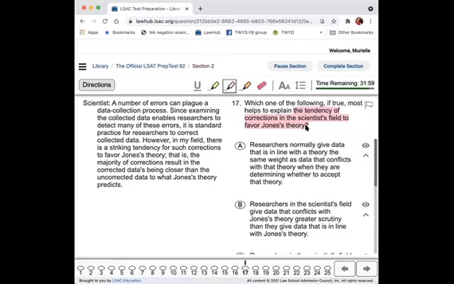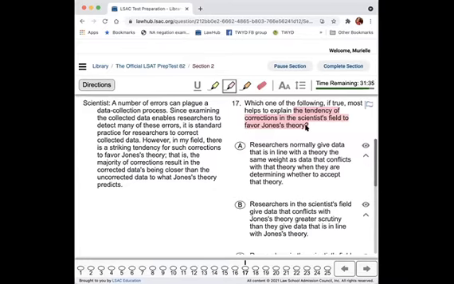And so while I still want to read the stimulus with a bit of an open mind, I'm not identifying parts or looking for transition words because I want to make sure that I don't miss a word that indicates the part of an argument, right?